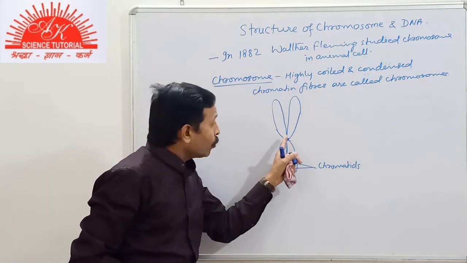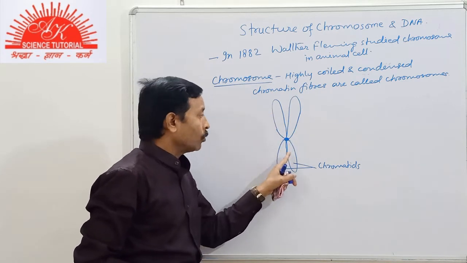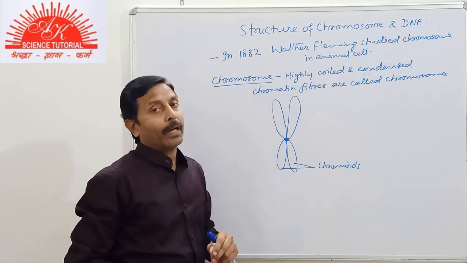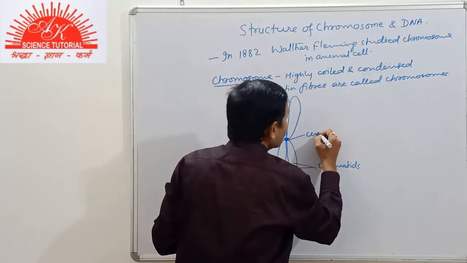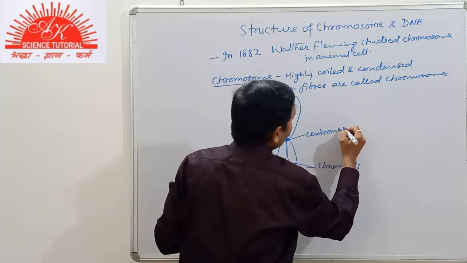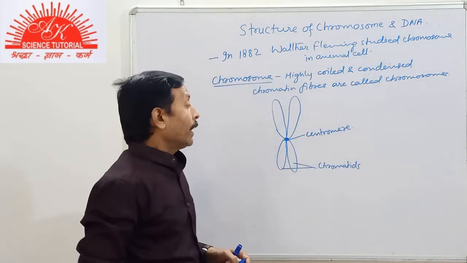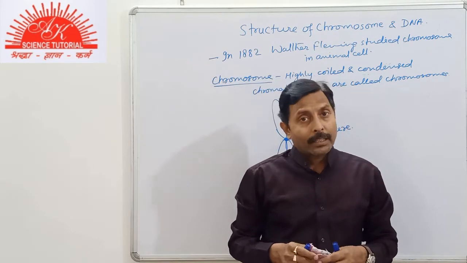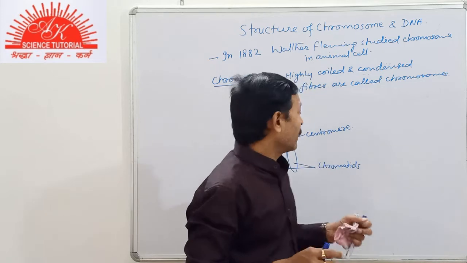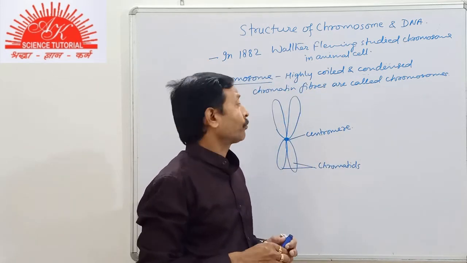Now, the two chromatids of the same chromosome, that is these two, are called sister chromatids. This is the centromere. So, if we study chromatid, this is the thread-like structure. Two threads or strands in a chromosome are called chromatids.